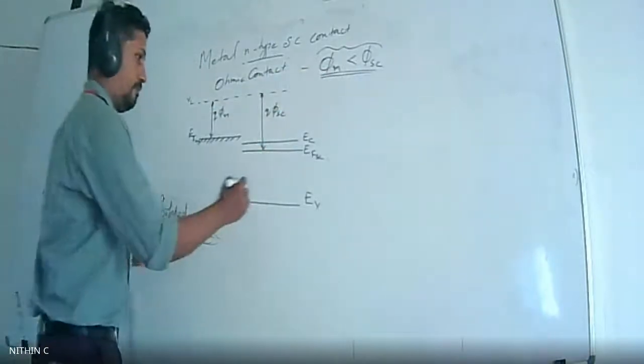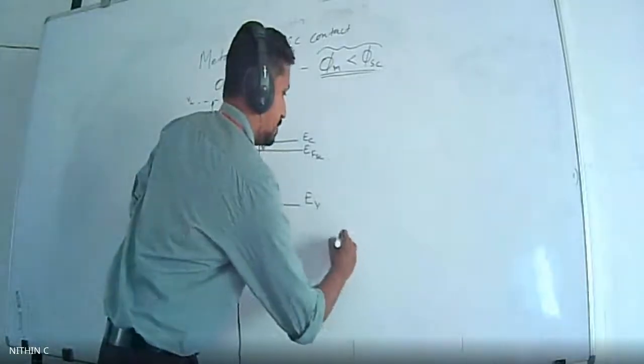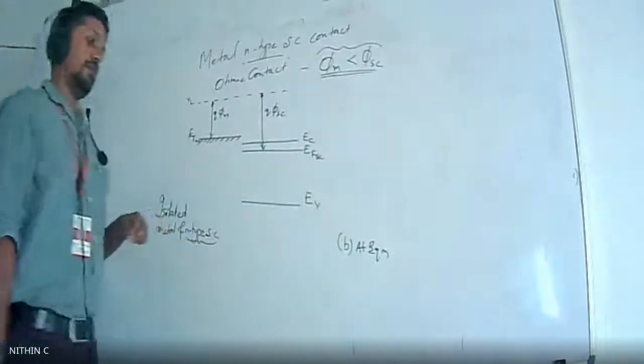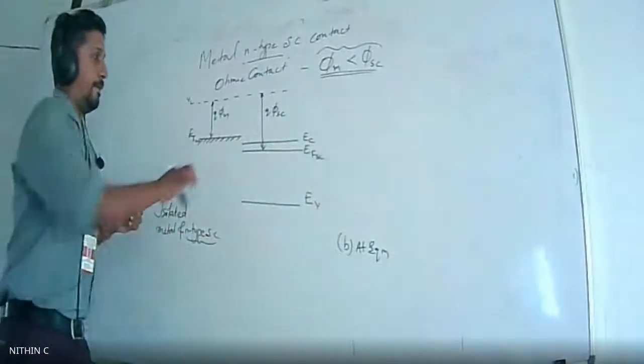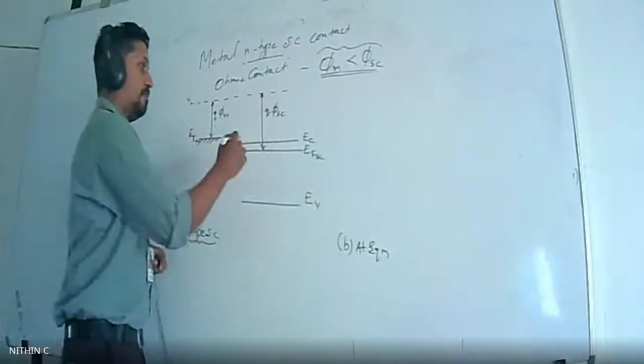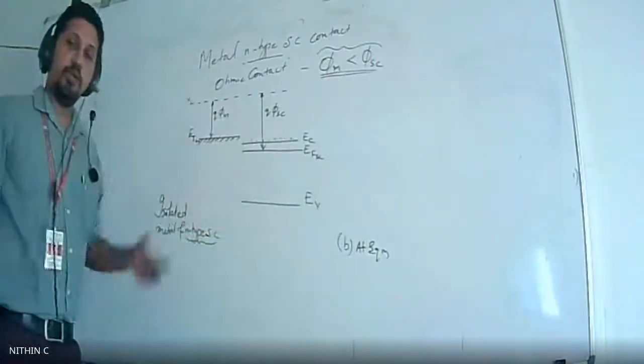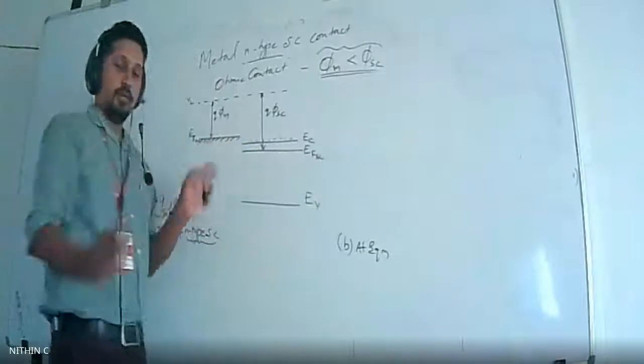Next, we will have to draw the equilibrium case. Before that, we should understand one thing. Since we are considering an n-type semiconductor, we have plenty of electrons in the conduction band.